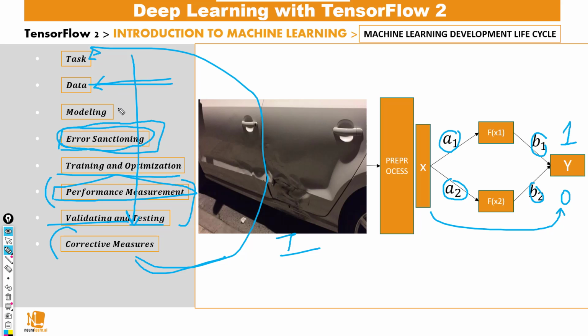We could go ahead and modify the model, modify the error function, modify the training process, modify the hyperparameters. We're going to look at this shortly and ensure that we get the best out of our model.